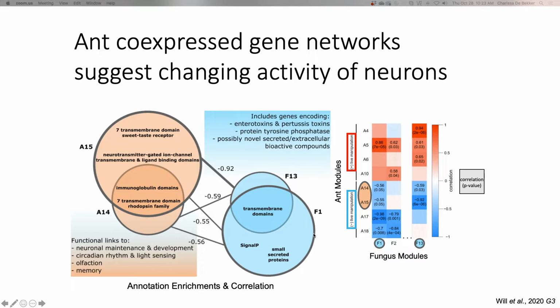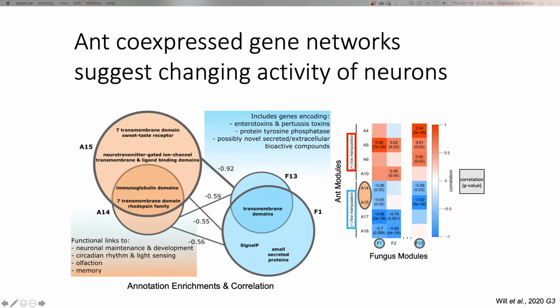What we did then is we went into those modules and looked at which genes were there for both the ants and the fungi, and did an enrichment analysis to see which types of gene functions would show up as being enriched. Now, what we found is that neuronal maintenance and development, olfaction, memory, and circadian rhythms and light sensing were overrepresented on the ant side of things, and that they were connected in the network to fungal genes that are actually secreted.